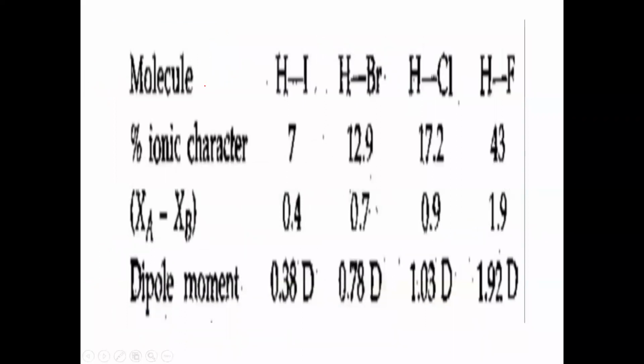Next, here different molecules are given, with their percentage of ionic character. How much percentage of ionic character is in these molecules? Now all these molecules are polar covalent molecules. Why? Between H and I, a covalent bond is there.